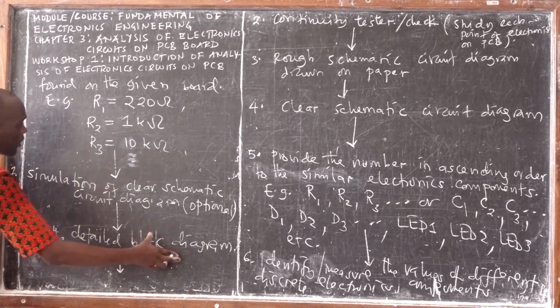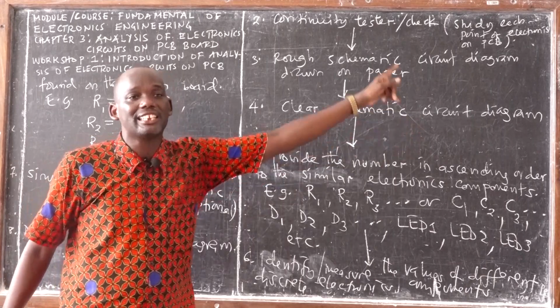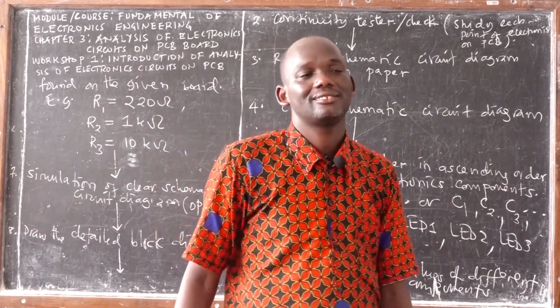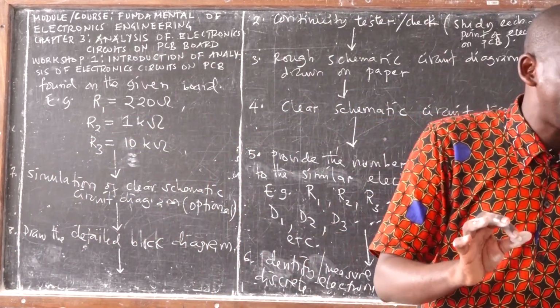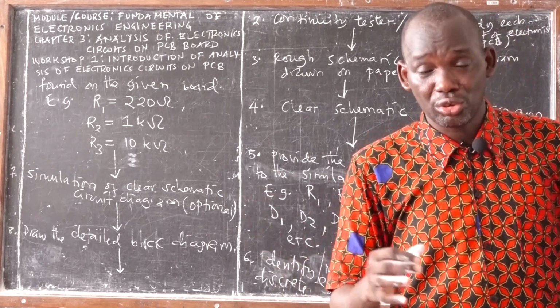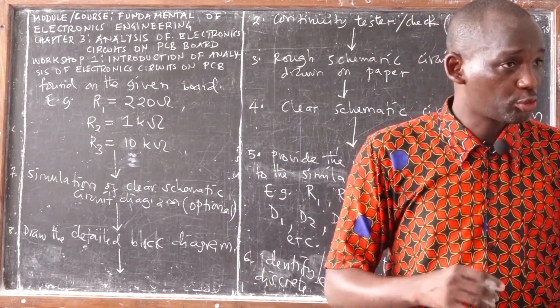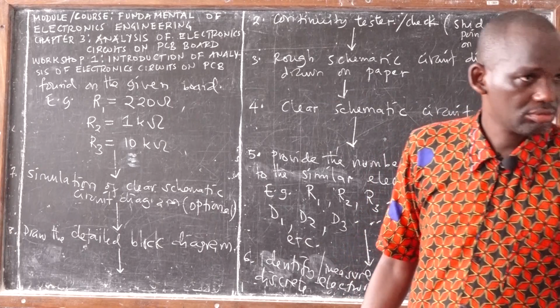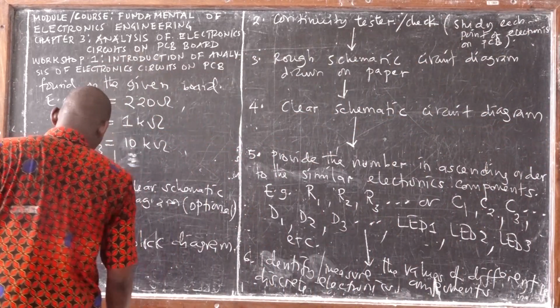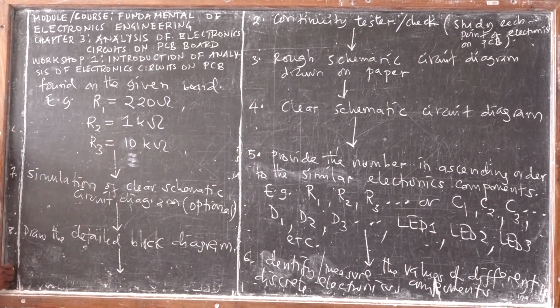So we draw the detailed block diagram from what? Clear schematic circuit. So remember, a block diagram is just what? Interconnection between different blocks by using what? Arrows. Then the next step, number 9. Once you have a detailed block diagram, what can we draw from it?